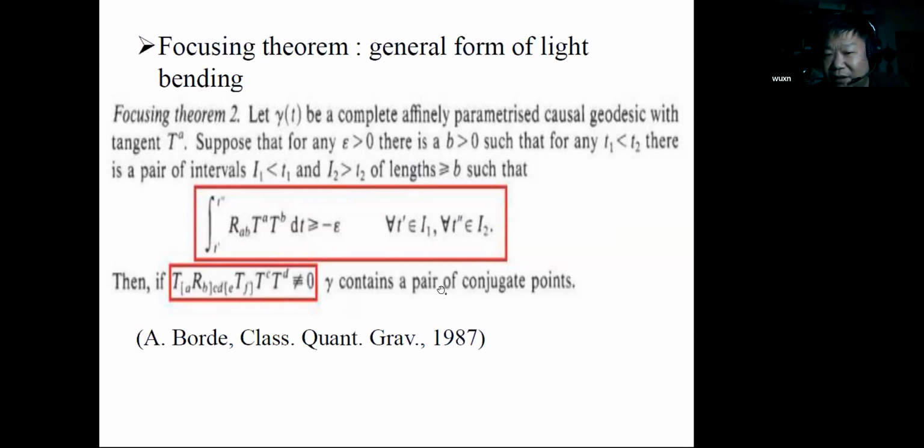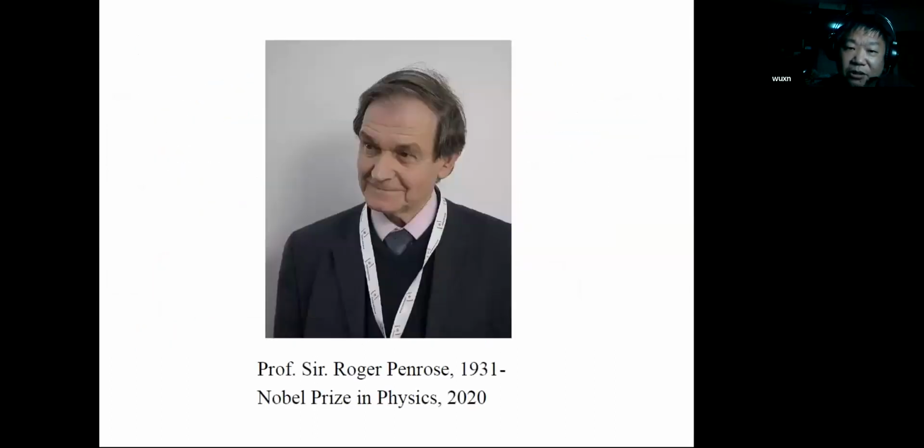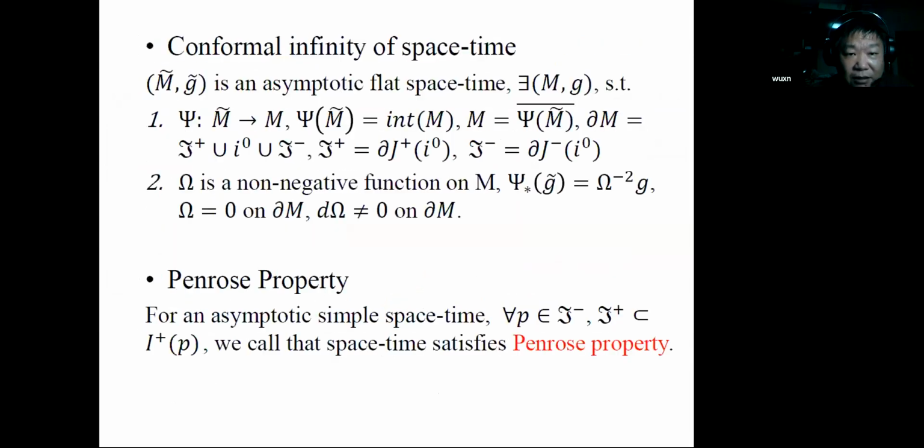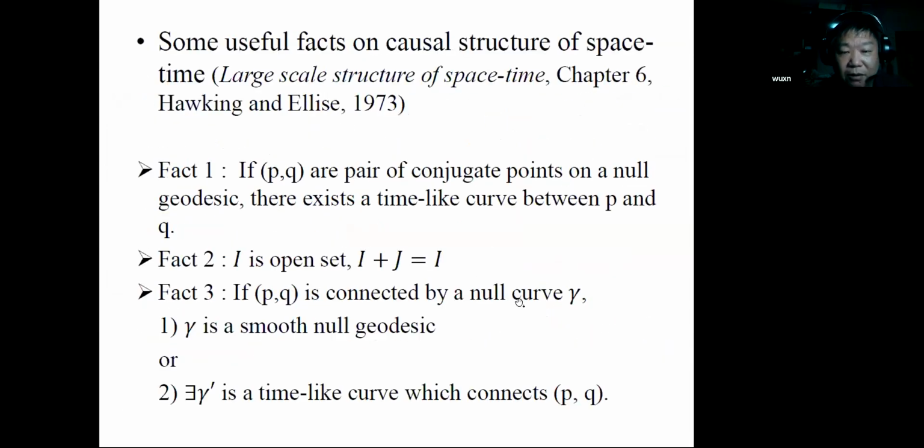If you have conjugate points on the null geodesic, between the two conjugate points you will find some time-like connections. Then you can also use fact 2, it means I plus J equals I plus. So you can perturb this piecewise causal curve to get a totally time-like curve to connect Q hat and P.